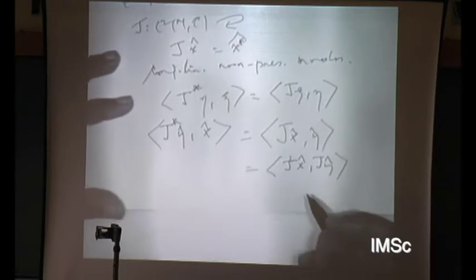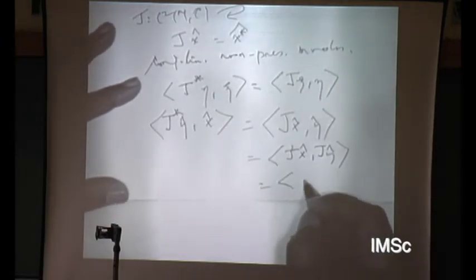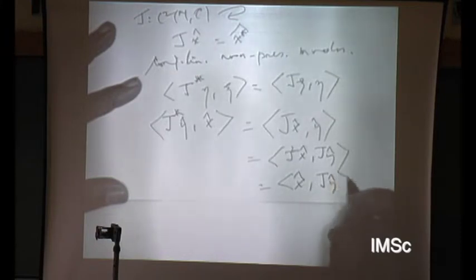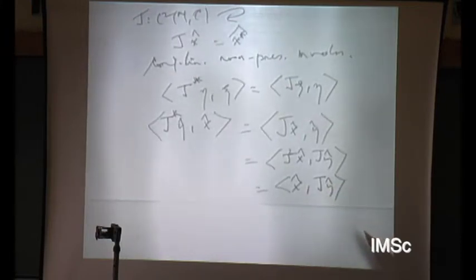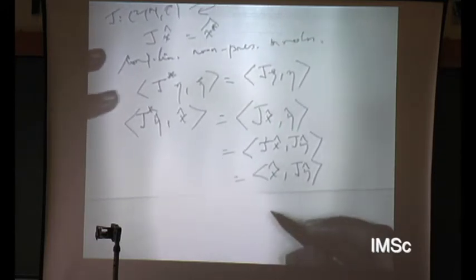So what we see is that this is equal to the inner product of x hat with J y hat. So what I'm trying to say in my muddle-headed fashion is that, in fact, J equals J star.